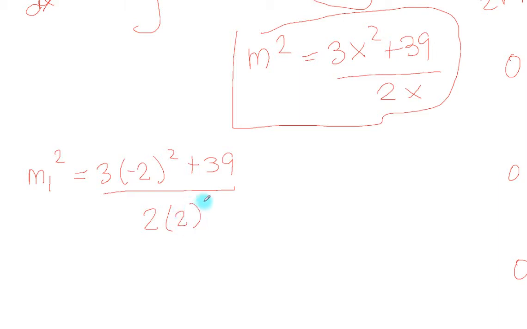Sorry, it's not negative 2, it's positive 2. Now that is equal to what? Well, 4 times 3 is 12, plus 39 is 51, over 4. This implies that m1 is plus or minus the square root of 51 over 2.